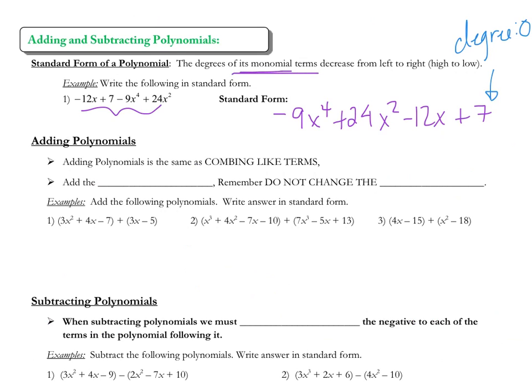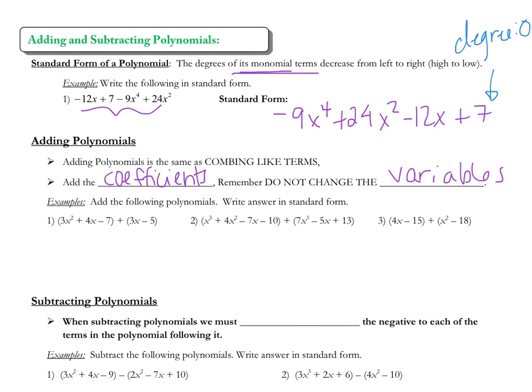Okay. Alright, adding polynomials is the same as combining like terms. We add the coefficients, and remember not to change the variables. Okay.